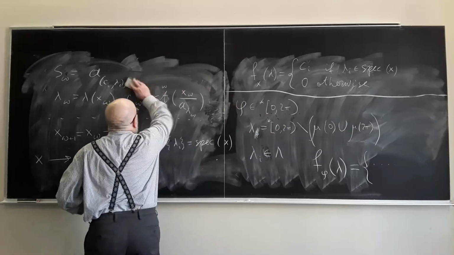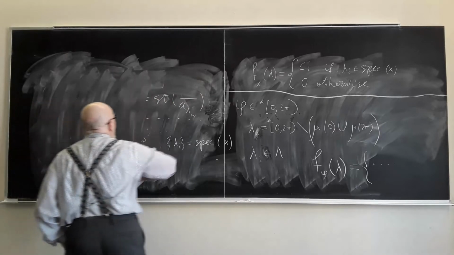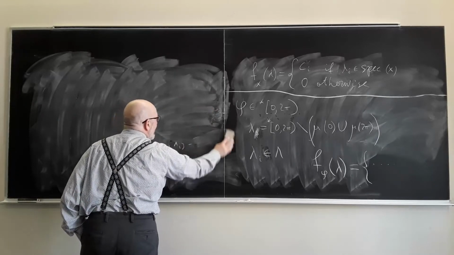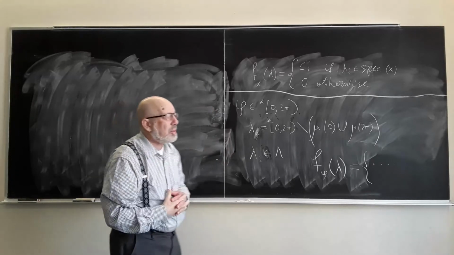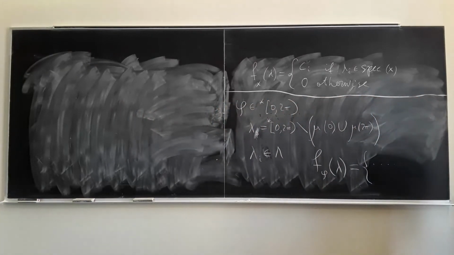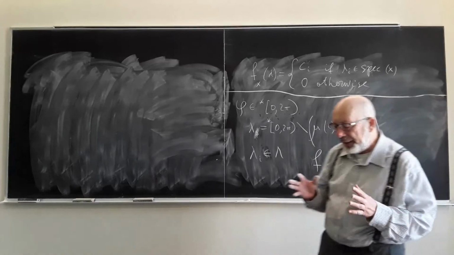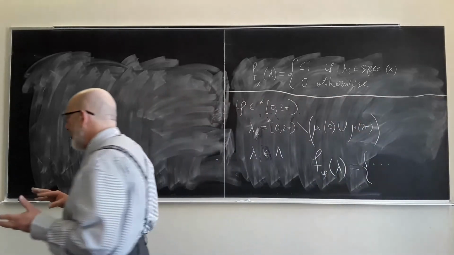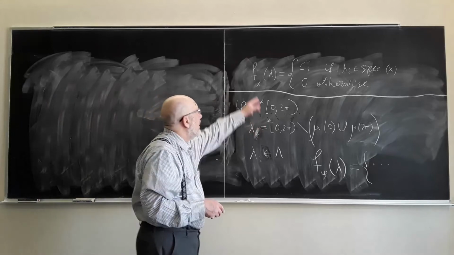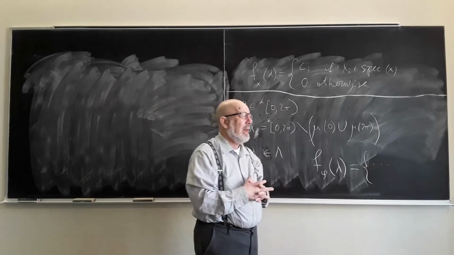Now, what I'm going to do now is the following thing. I promised you to represent this asymptotic space as a space of functions, functions like this, with a specific distance function.